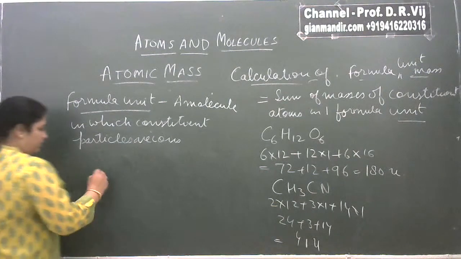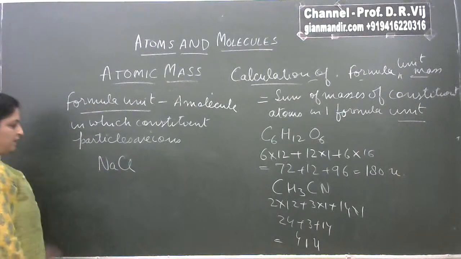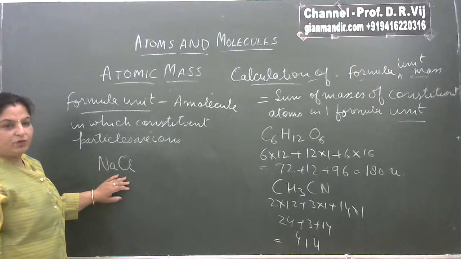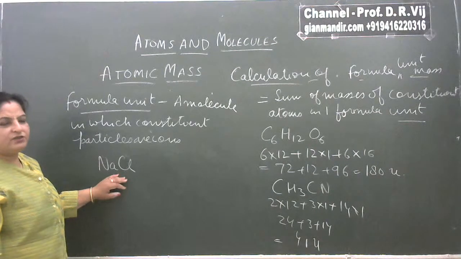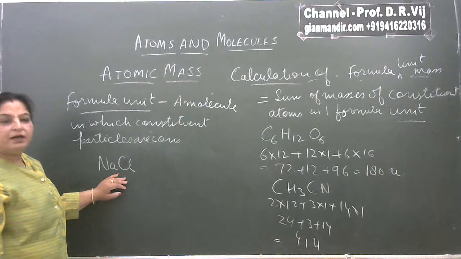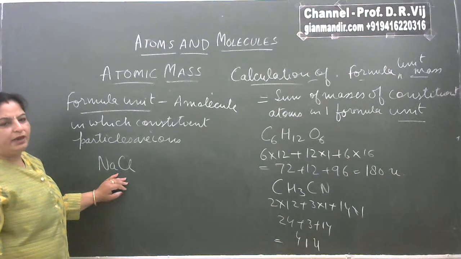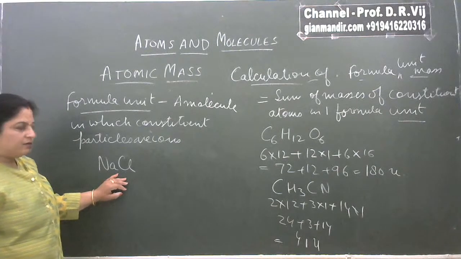For example, if we say common salt, sodium chloride, we wrongly call it a molecule. Basically, it is a formula unit, as here the constituent particles are not atoms, these are ions, right? And one thing to remember, there is no difference in the mass of an atom and its respective ion. So their masses are the same.